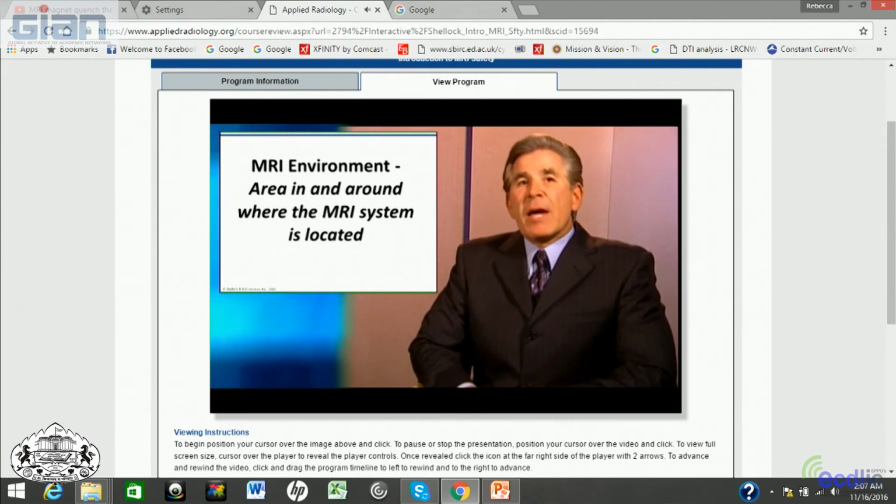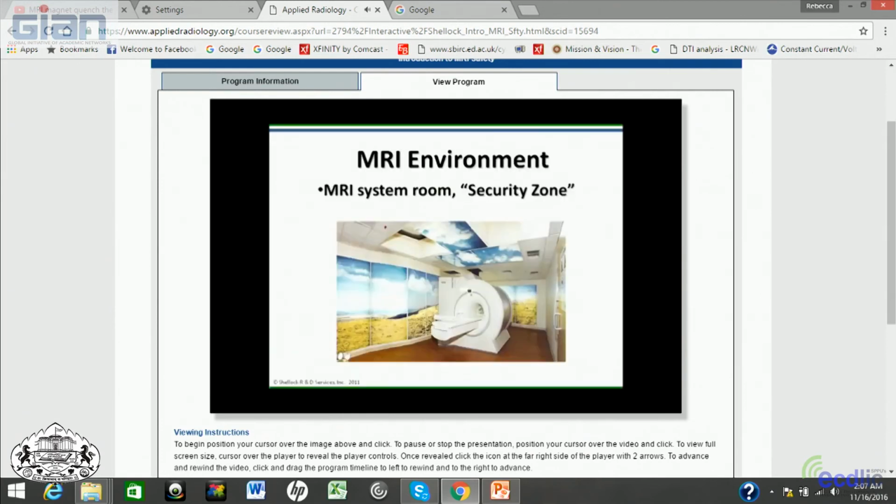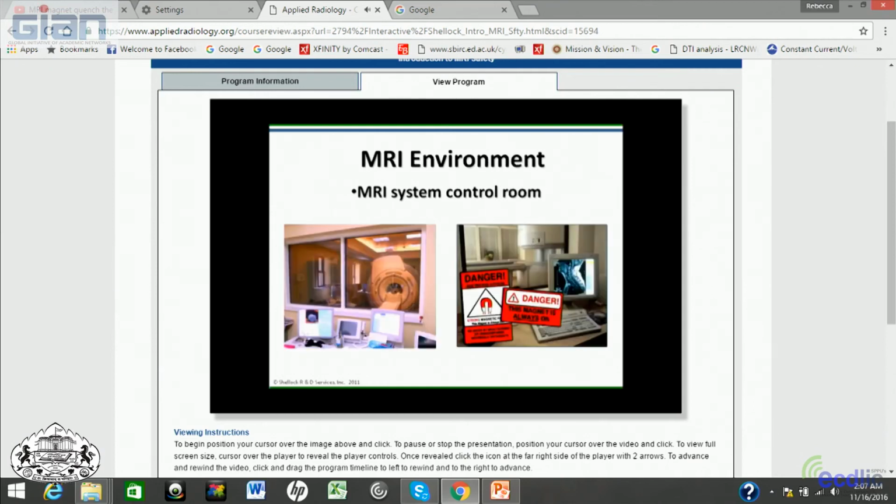Well, the term MRI environment generally refers to the area in and around where the scanner is located. This includes the MRI system room, which is often referred to as the scanner room, as well as the scanner's control room, which is where the equipment is located for the operation of the scanner. This is where the MRI technologist is typically found.